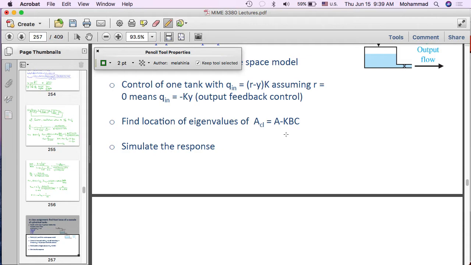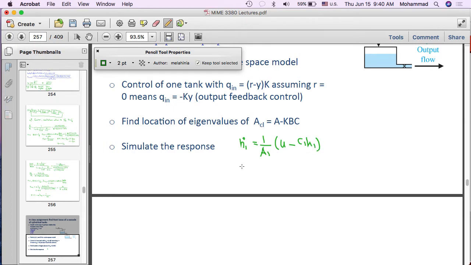So our goal is to find the A matrix of the closed loop with a proportional control. The first step is to find the A matrix. If you recall, the first differential equation is h1 dot equals 1 over A1 times u minus C1 H1.